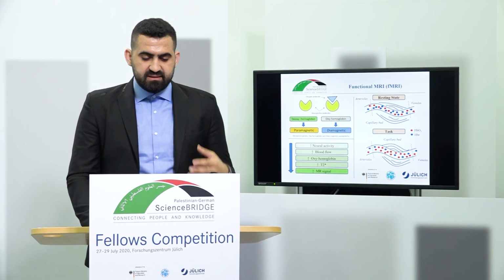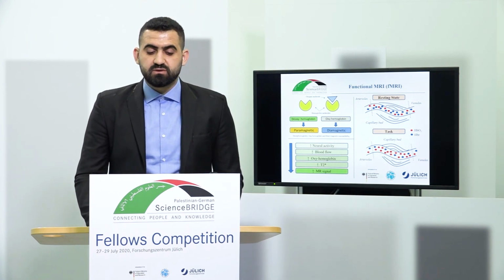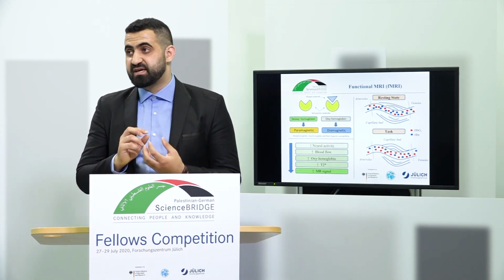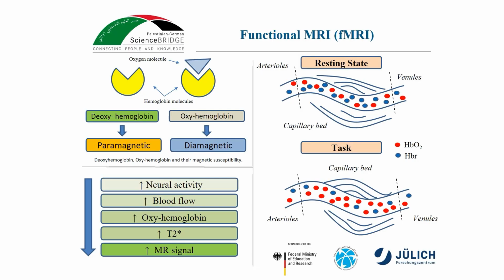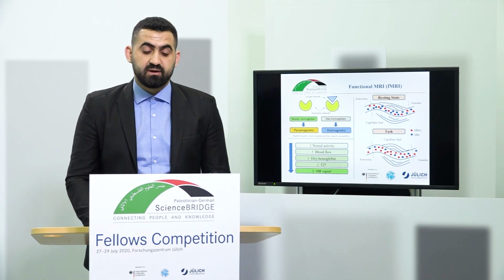As we can see on the right side of the slide, I'm showing the concentration of oxy and deoxyhemoglobin within the blood capillaries. So we can obviously observe much less oxyhemoglobin under the resting state compared to the task condition.